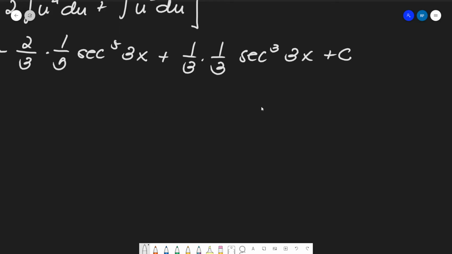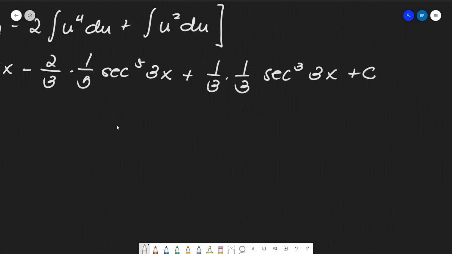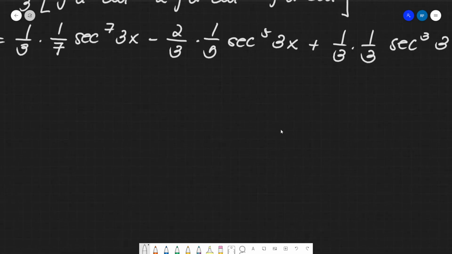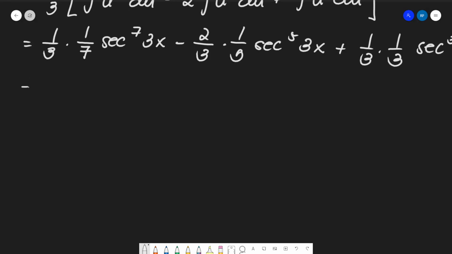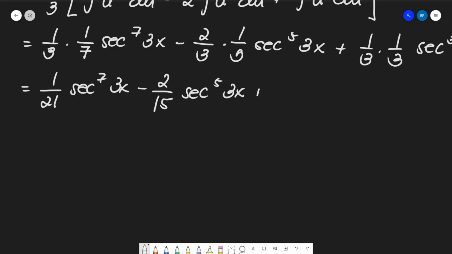Then, simplify na lang natin. Naka-decrease yung power naman, so wala tayong problema. So, we have 1 over 21 secant to the 7th of 3x minus 2 over 15 secant to the 5th of 3x plus 1 over 9 secant cube 3x plus c. Yan yung final answer.